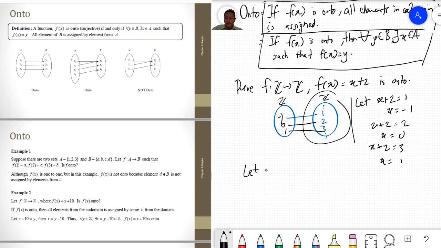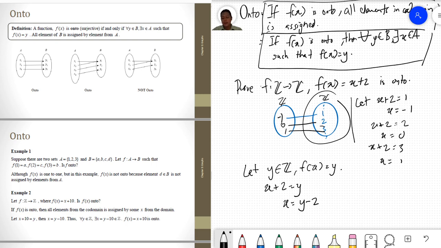Let y be an element from the codomain integer such that f(x) equals y. And as f(x) equals y, x plus 2 equals y, and x equals y minus 2.